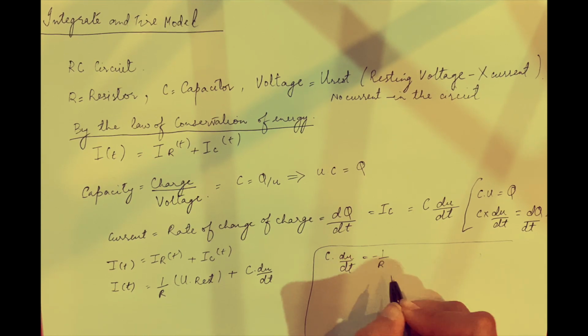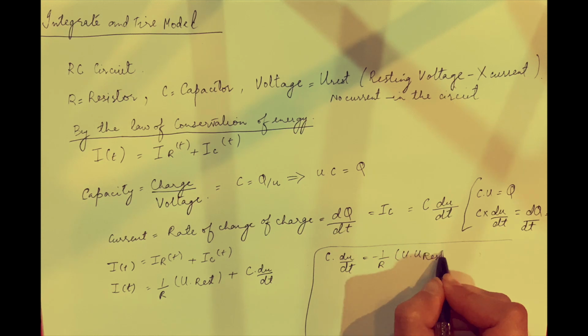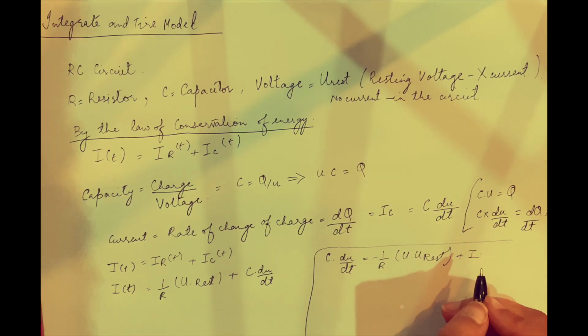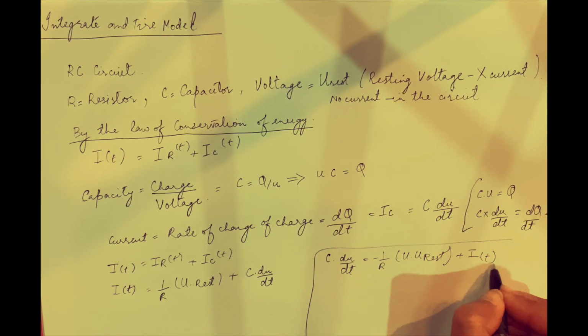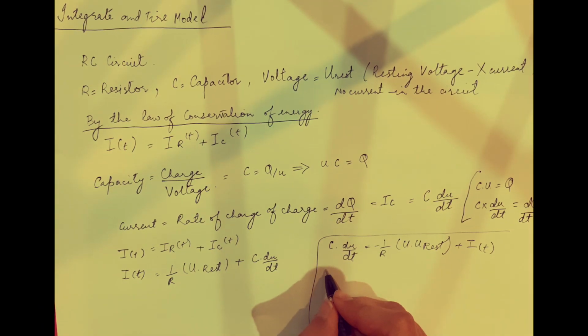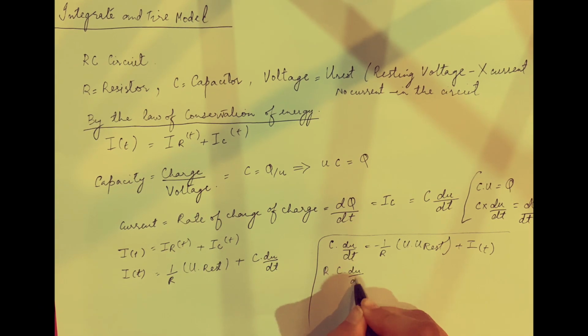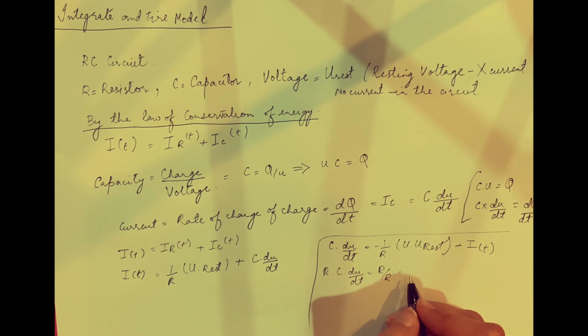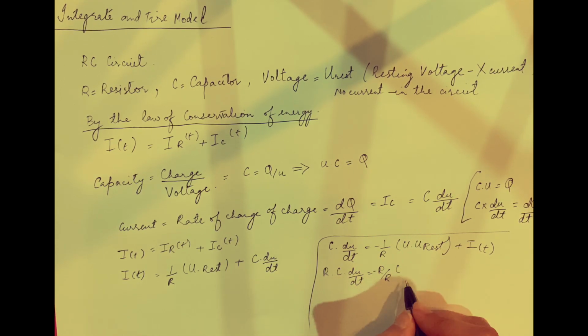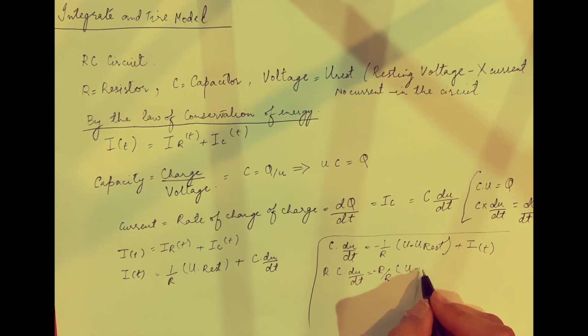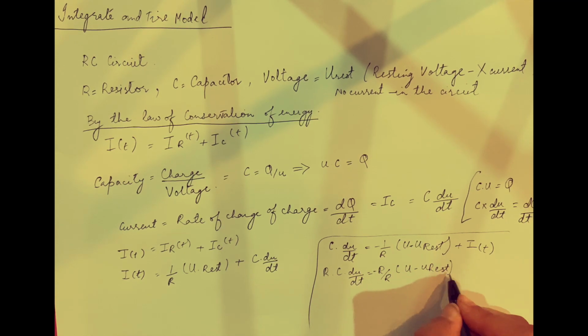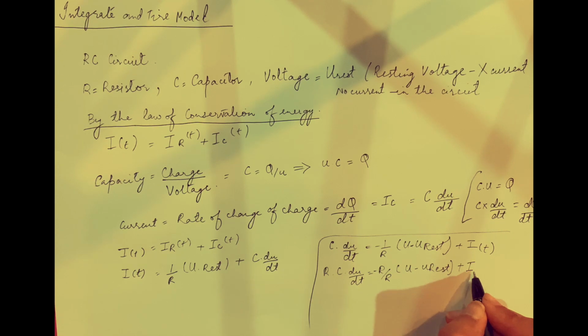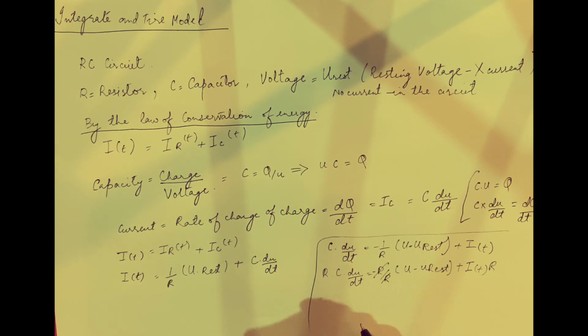Let me write it this way: C times dU/dt equals minus 1 over R times (U minus U rest) plus I of t. We can simplify it further by multiplying both sides by R, the value of the resistor, and we get R times C times dU/dt equals minus (U minus U rest) plus R times I of t.